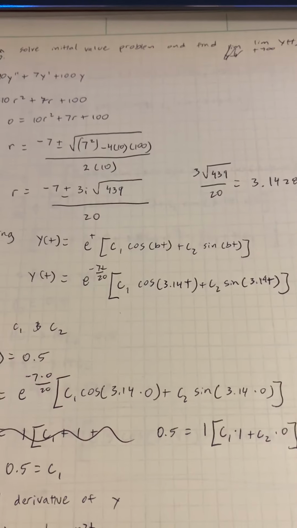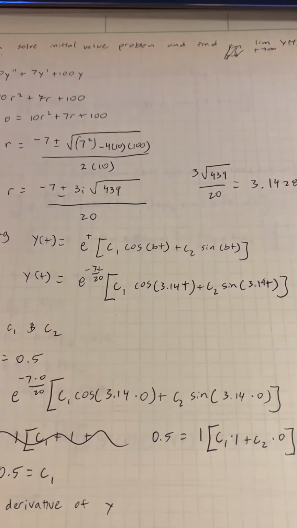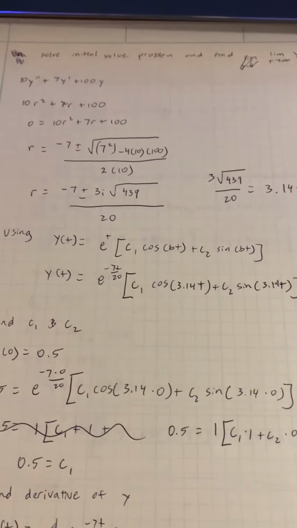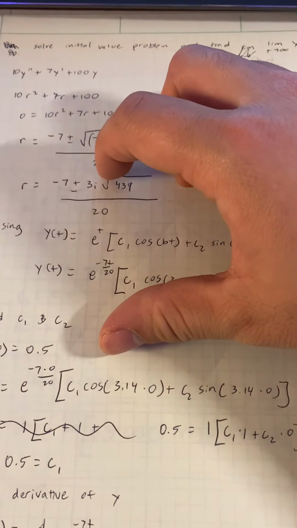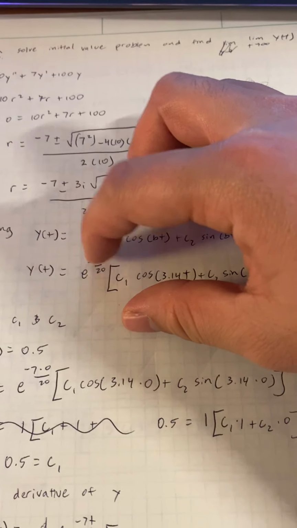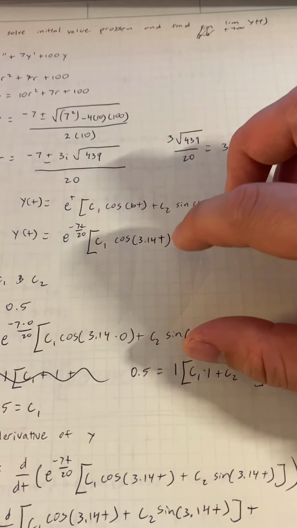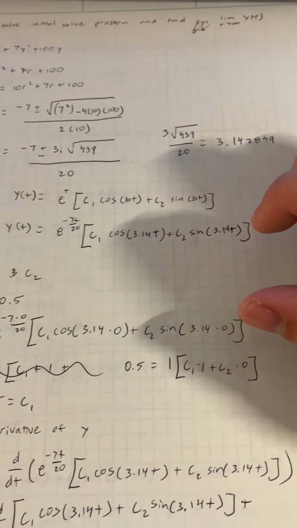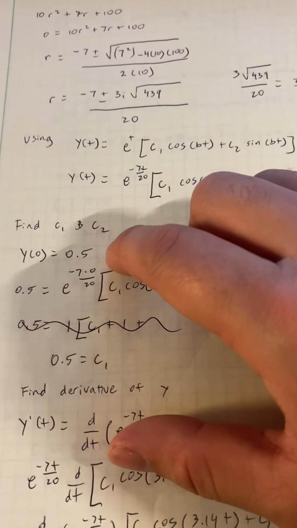And we're going to use this formula here: y of t is equal to e to the alpha t, C1 cosine beta t plus C2 sine beta t. Now we're going to plug everything in. Here we know that negative 7t over 20 goes into the exponent, and then we have C1 cosine of 3.14t plus C2 sine 3.14t as well. Now we're going to want to find C1 and C2.